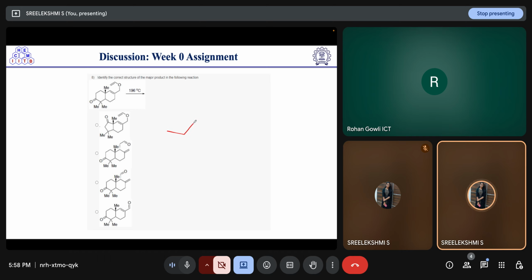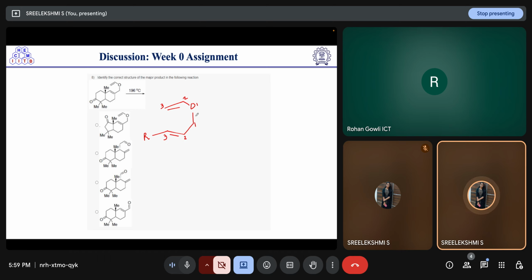reaction. So if I am drawing the substrate like this, here it is oxygen, this is the double bond, and here also one double bond, and here let it be some R group. So 3,3 sigmatropic rearrangement means I am numbering it like this: 1, 2, 3, and here also 1, 2, 3.